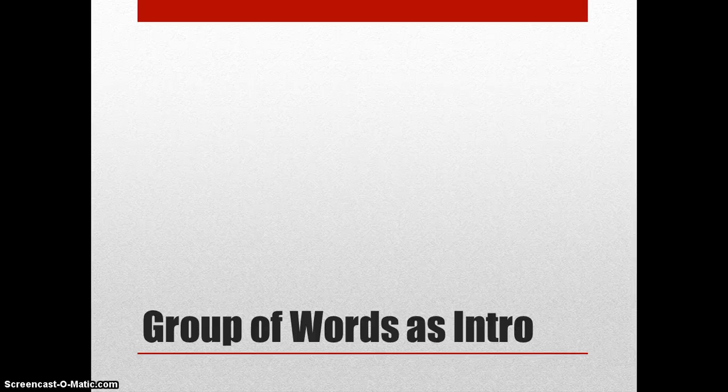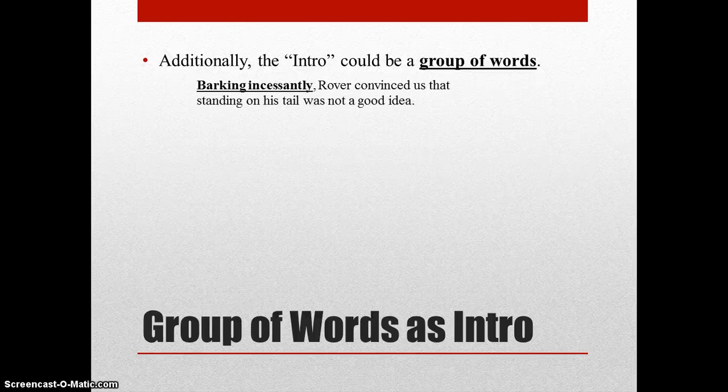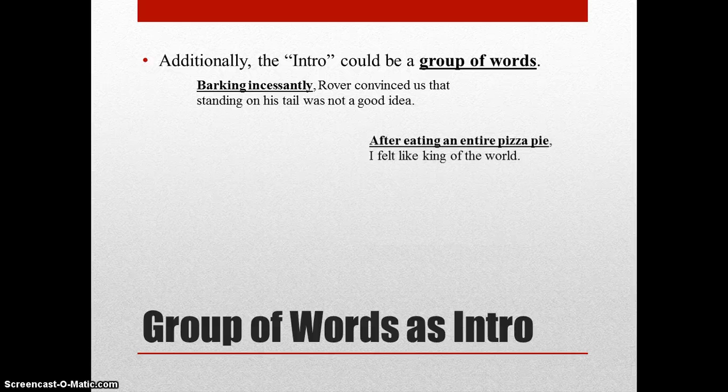Also, in addition to having a word, whether that be an adjective, adverb, or conjunctive adverb, you can have a group of words as your intro. For instance, barking incessantly, Rover convinced us that standing on his tail was not a good idea. I thought it was more humane than a leash. Apparently I was mistaken.